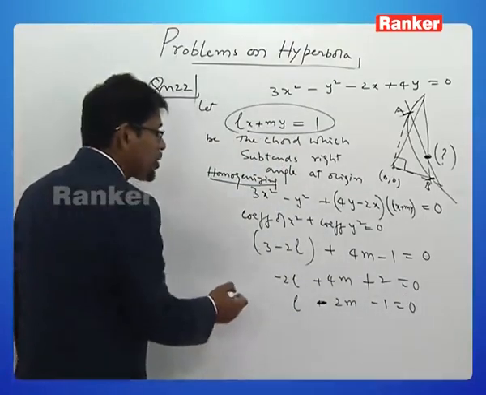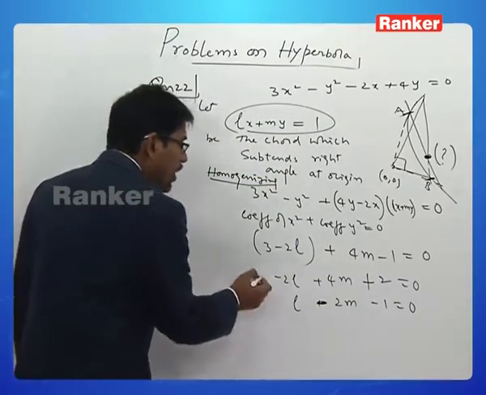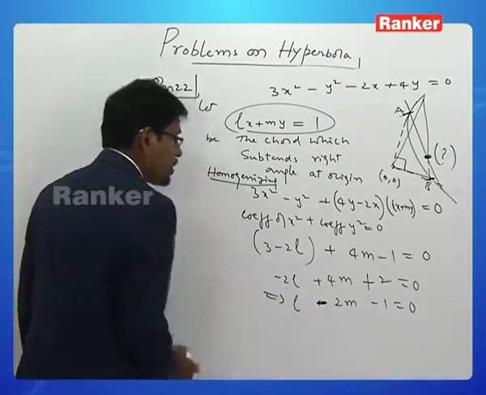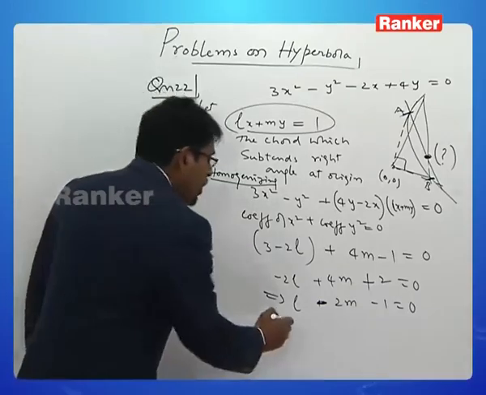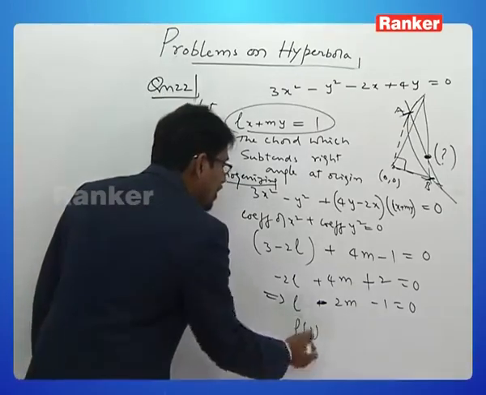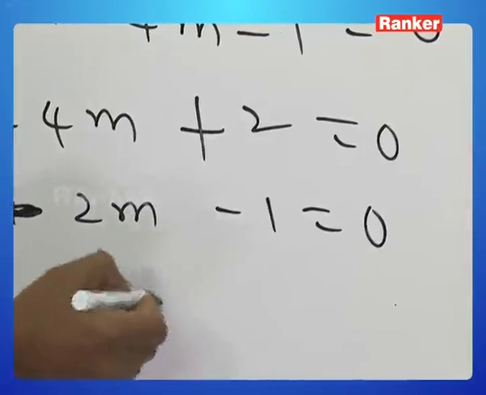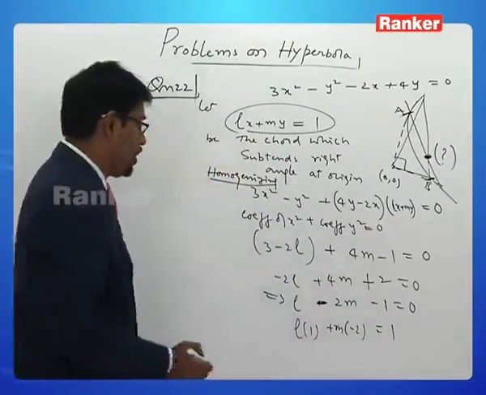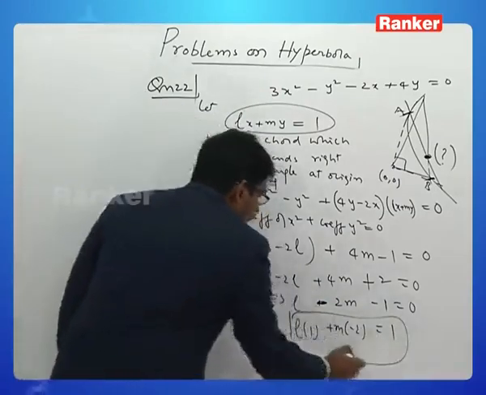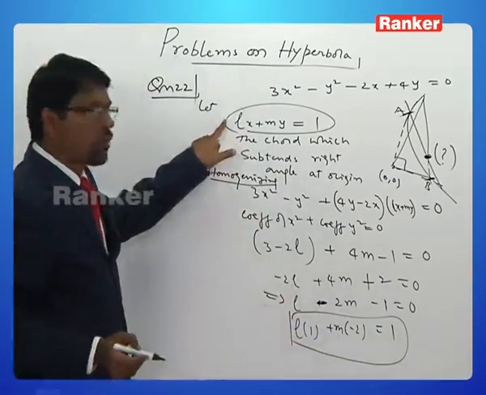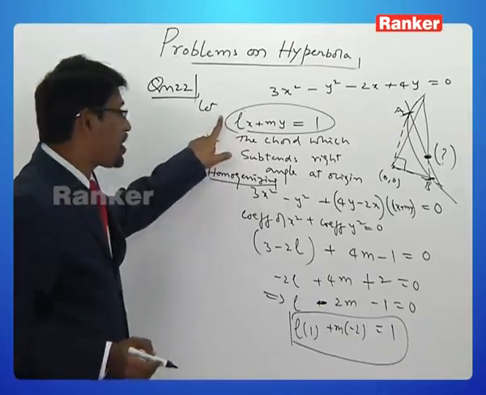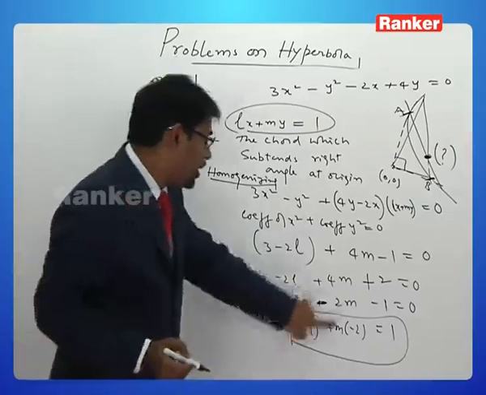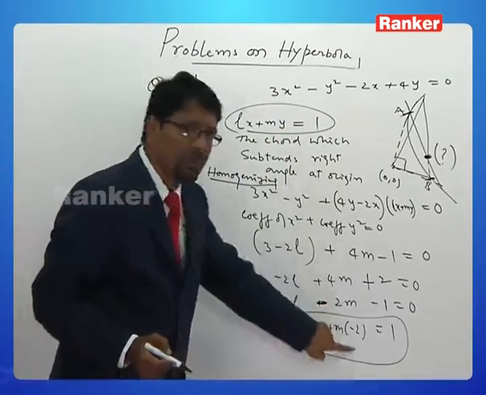We observe that we can rewrite this in the form of L into 1 plus m into minus 2 is equal to, transposing the minus 1 to the other side, 1. So now it has been matched with the given chord equation where we started with Lx plus My equal to 1. Instead of x we have 1 and instead of y we have minus 2.